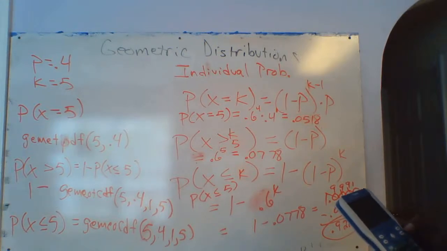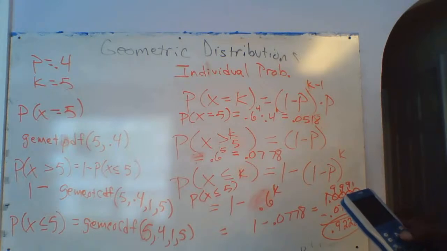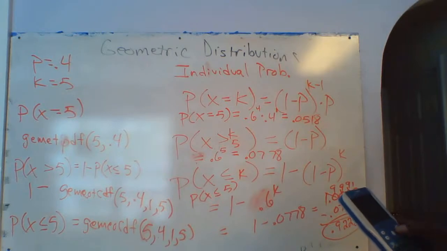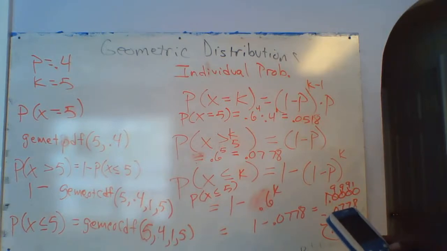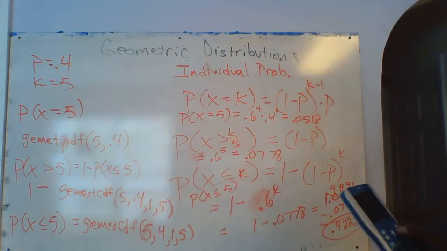Okay, escape. Menu, CDF, 0.4. Lower bound was 1 and 5.